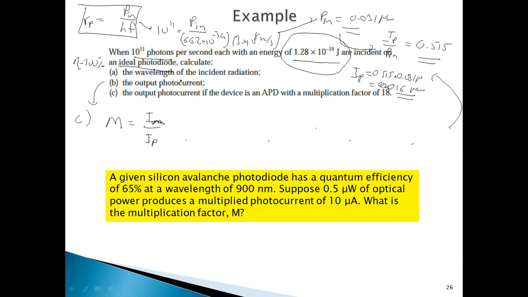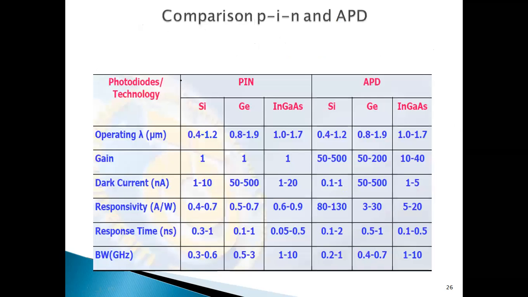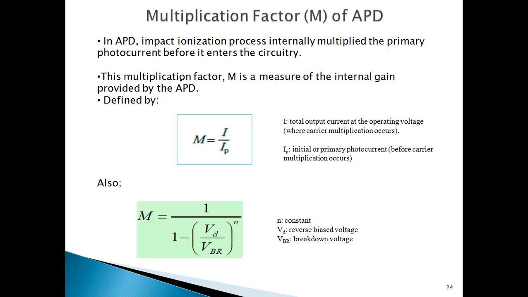If I go back to the previous slide, it is the same as this equation here: M equals IM divided by IP. IM is the current produced by the avalanche or impact ionization process, whereas IP is produced by a normal or primary photo generation process.